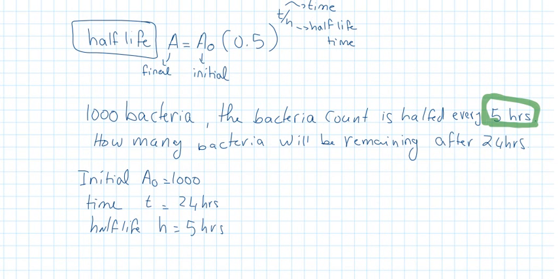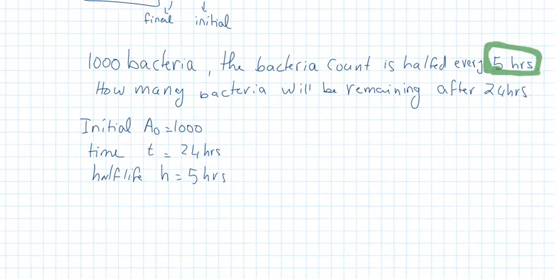What am I looking for? This is not on your notes. What am I looking for? The final amount. So I'm looking for A. Okay, I don't know what A is. So let's write the formula. So I have A equals 1,000 times 0.5 to the power of 24 over 5.